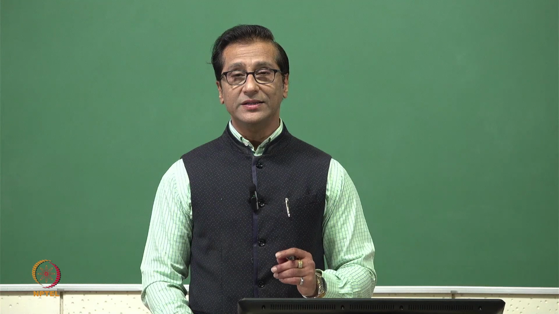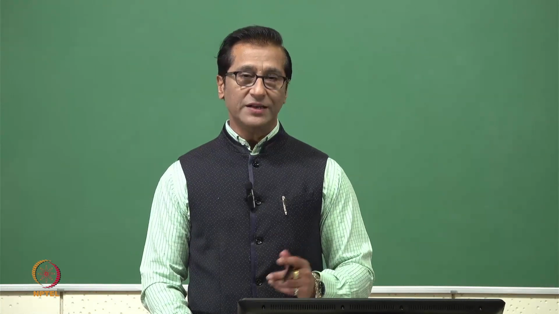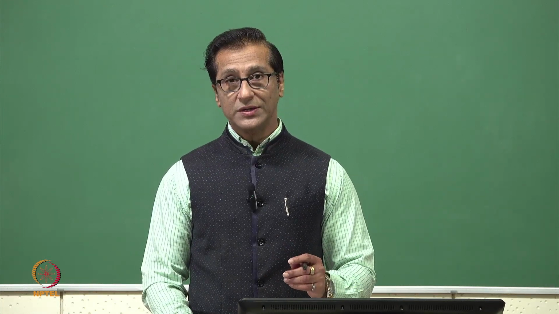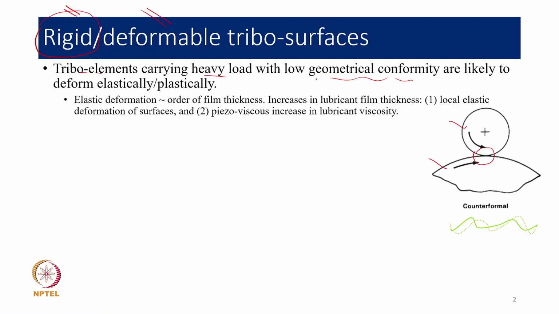Earlier we learned about apparent area and contact area. Here the apparent area itself is smaller, and the net contact area will be much smaller. This is what we call low geometrical conformity; such elements are likely to deform elastically and plastically.